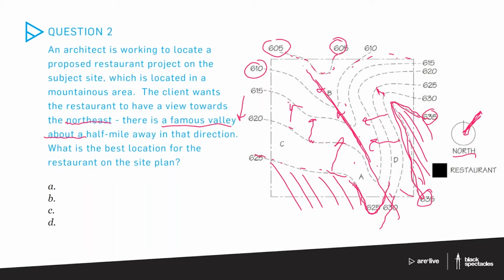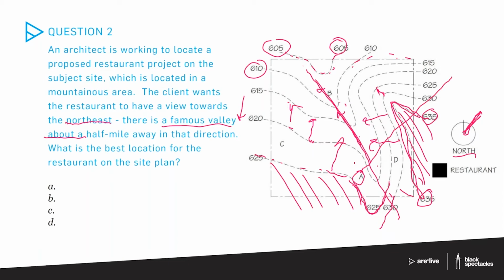So choice A is located between 620 and 625. So it's on the relatively high portion of the site, so that's beneficial. But what we can see, if we were to draw that 45-degree line towards the northeast from choice A, is that hill is in the way of it.